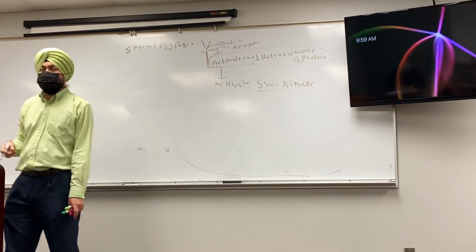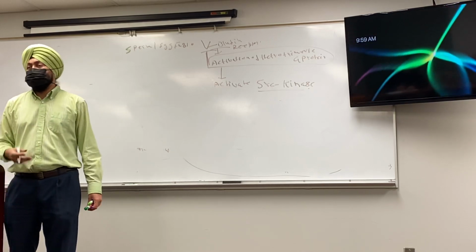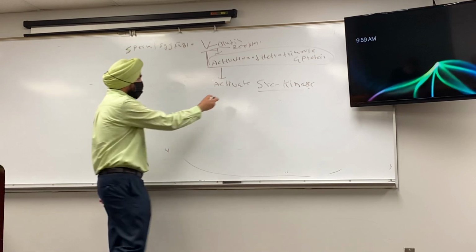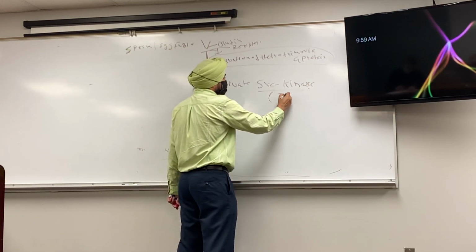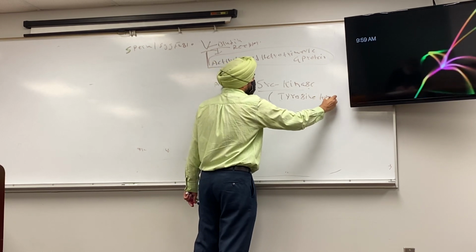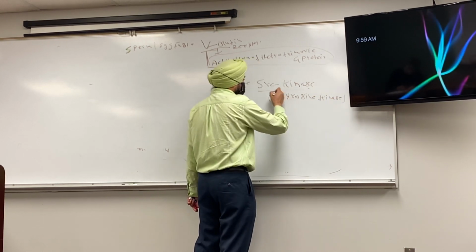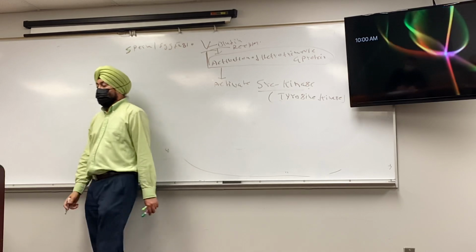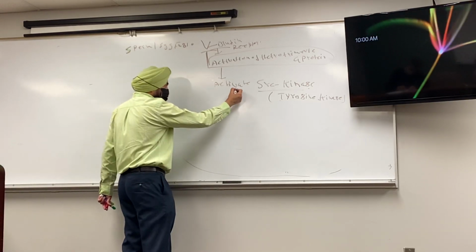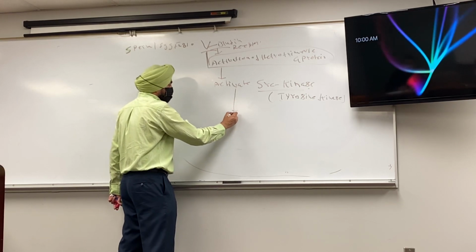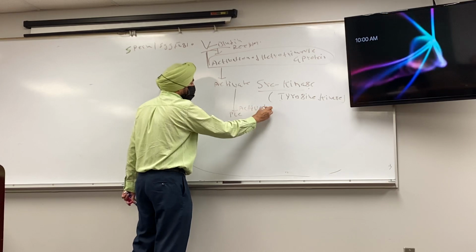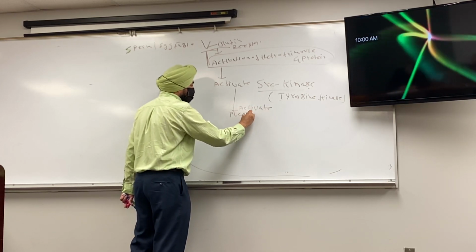The name Src comes from sarcoma. Initially they were discovered in cancer, that's why they call them Src kinase. And the special kinase which is activated here is tyrosine kinase. That type of Src kinase is activated here, and this Src kinase activates PLC gamma.